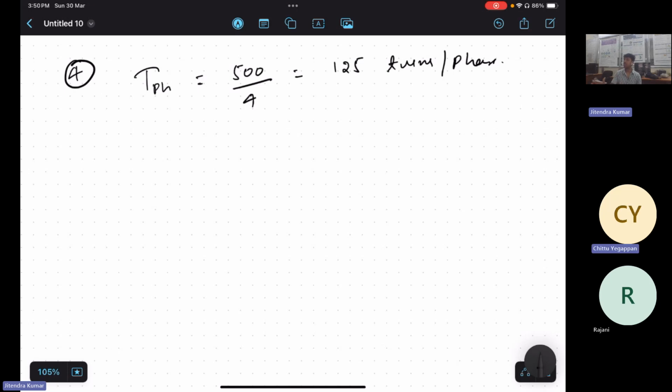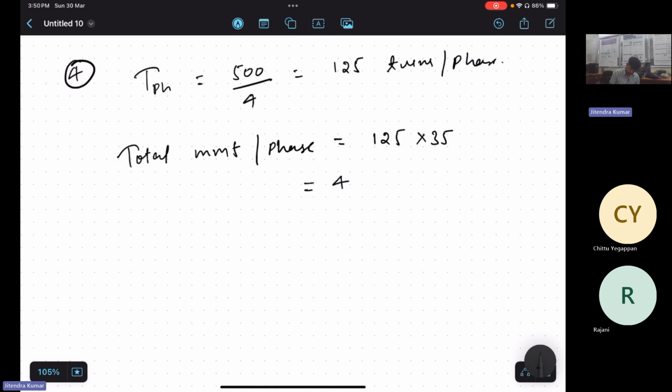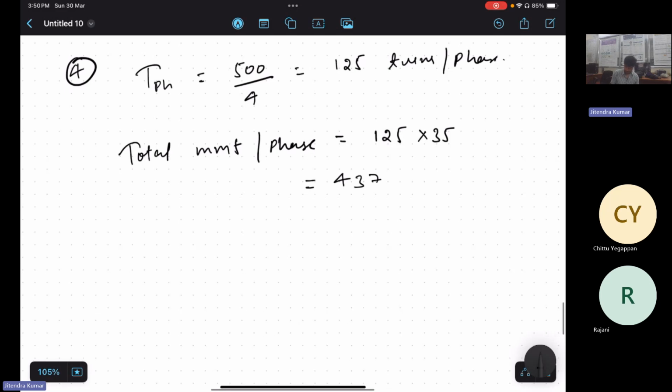Now total MMF per phase we have to calculate. How much should it be? Total MMF, 125 into 35 amperes, sir. 4,375 ampere turns, sir. Okay. 4375. Right.